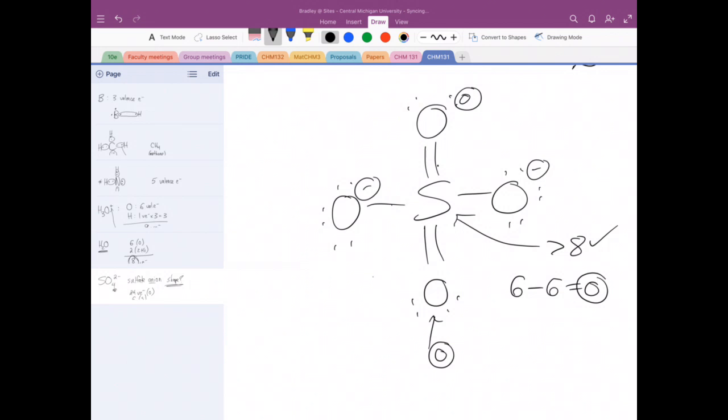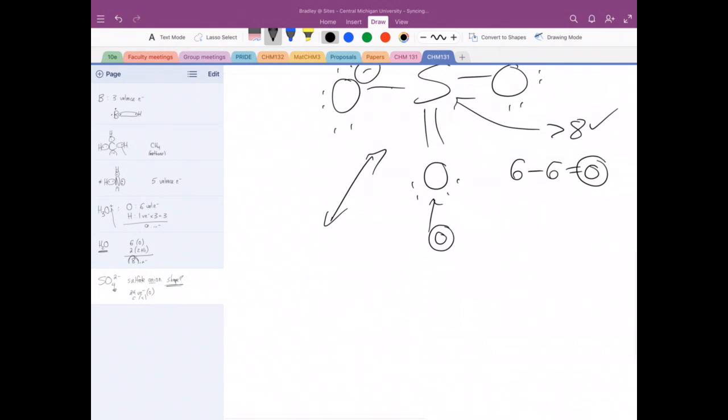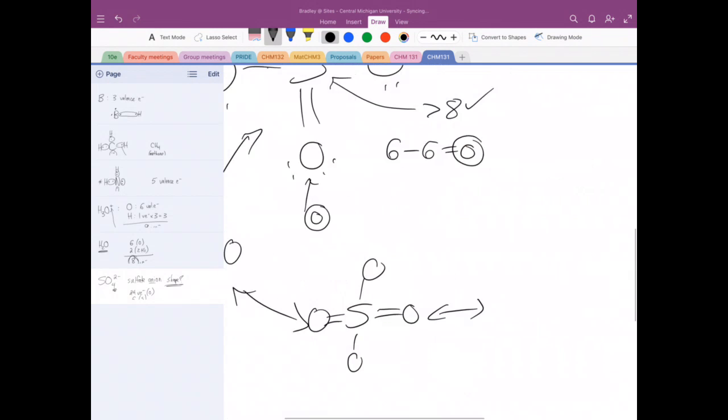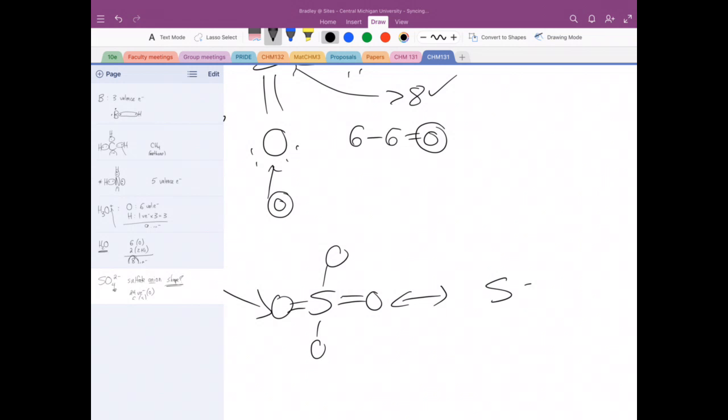And then you can do another resonance form, let's say, where the double bonds are here. Okay, and I'm not going to show all the other dots. Or you could do it like here. So you have a wide variety of possible resonance forms here. You can work out how many total resonance forms there are for sulfate, but it really doesn't matter, right?